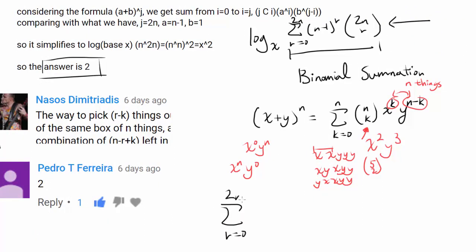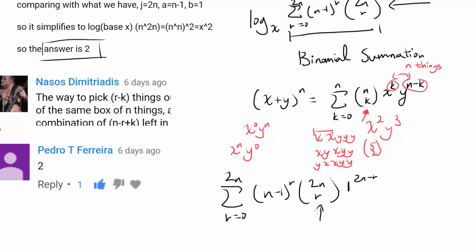So let's look at this summation: r equals 0 to 2n, (n minus 1) to the r, 2n choose r. The tricky part is to recognize that you can also multiply by 1 to the 2n minus r, because 1 to any power is going to be 1. And see how instead of n choose k, we have 2n choose r. So in this case, our exponent is going to be 2n.